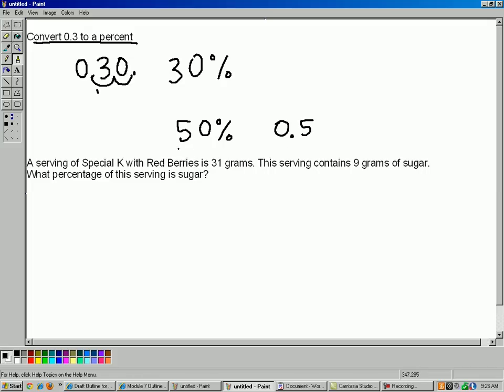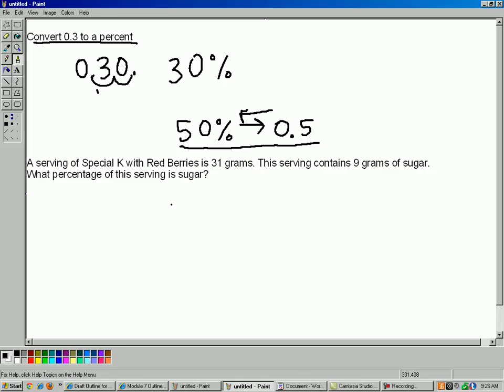If you keep that as a reminder, you could call it a benchmark, to think about which way to go. So percent to decimal, move the decimal point back two places to make it 100 times smaller, and then decimal to percent, move the decimal point forward two places, to the right, to make it 100 times bigger.